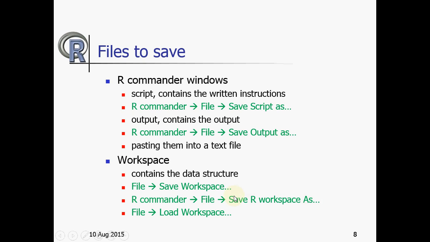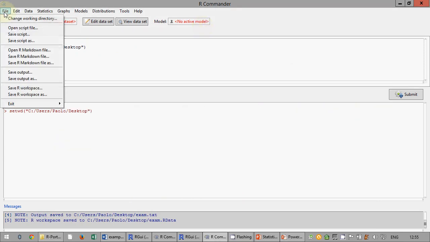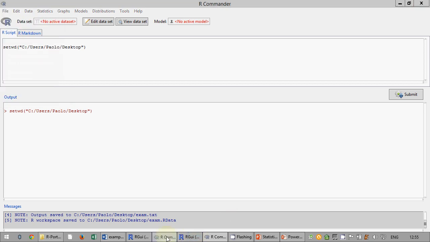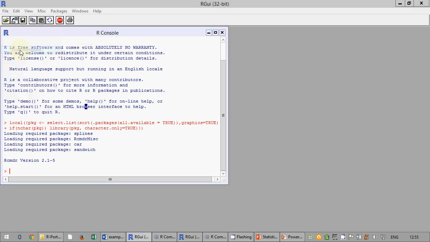Sometimes at the beginning of the exam, I write: load the workspace, and so on. So let's see how you can load a workspace. File. Unfortunately, you don't have load workspace. I don't understand why, but it seems so. You must go back to the R console. Here you have load workspace.